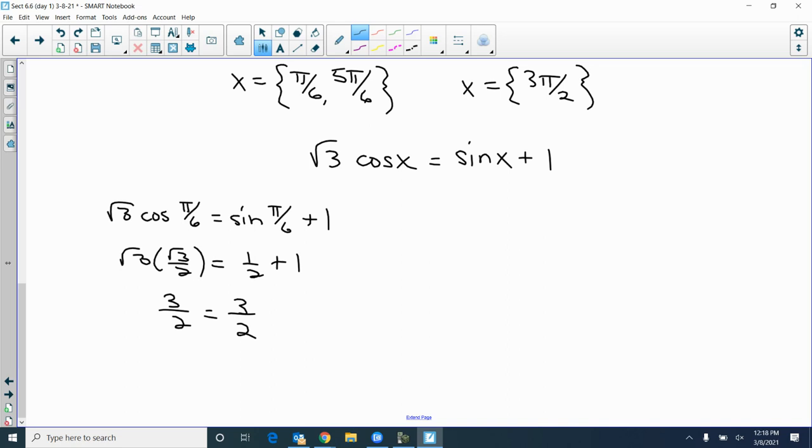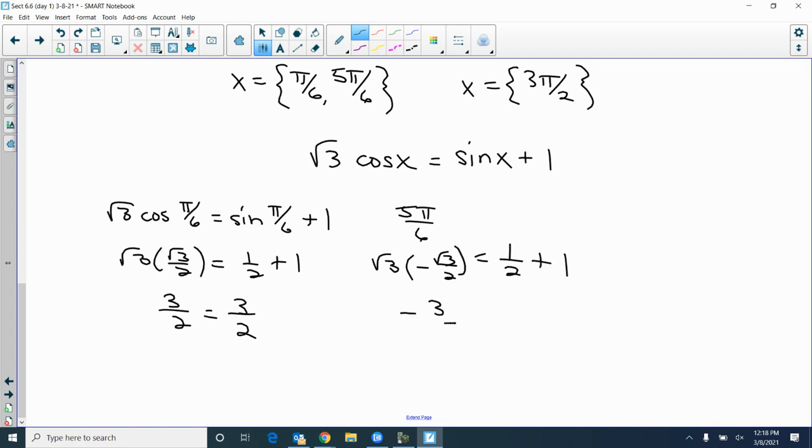All right, Mason, how about 5 pi over 6? It doesn't work. Are you sure? No, 5 pi over 6 doesn't work. Yeah, I am sure. So for 5 pi over 6, you get square root of 3 times cosine, which is negative square root of 3 over 2, equals sine, which is 1/2 plus 1.